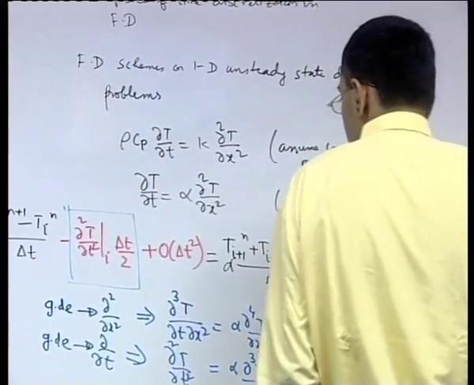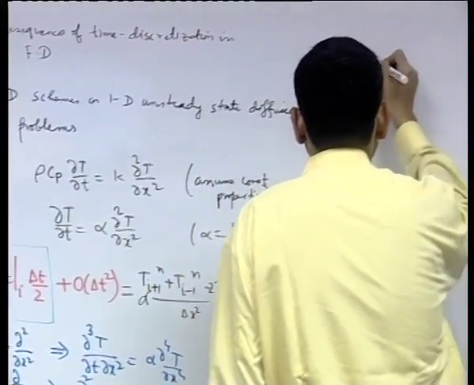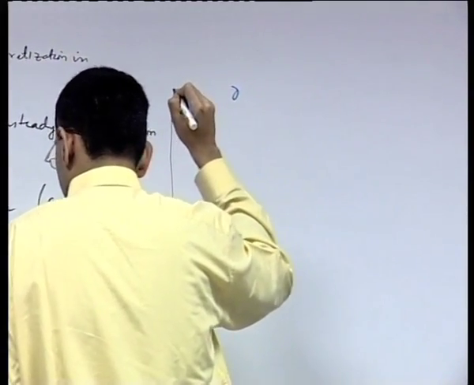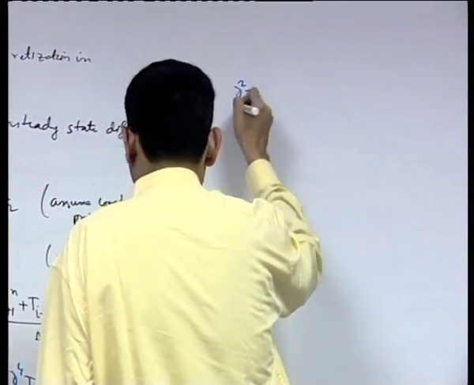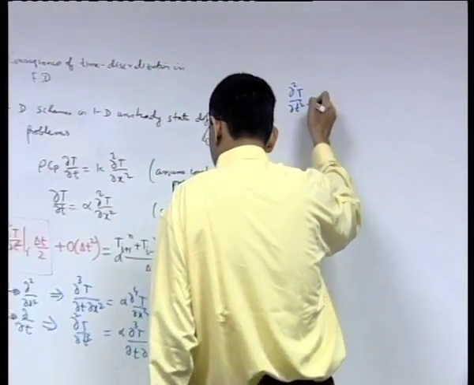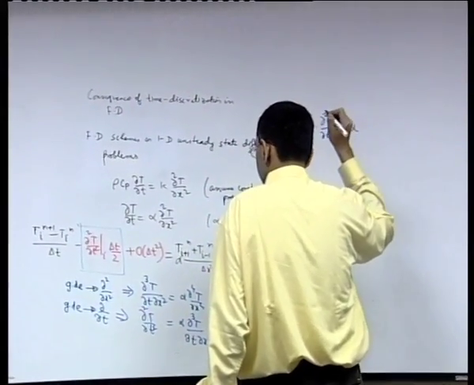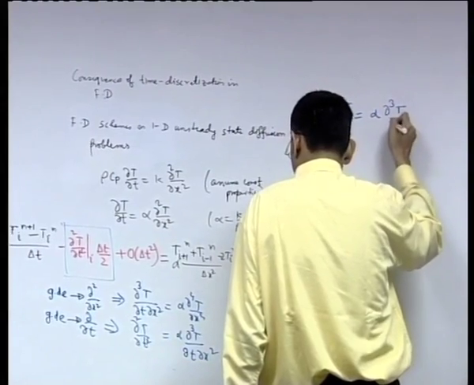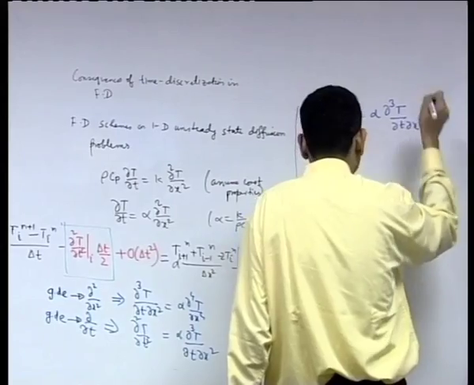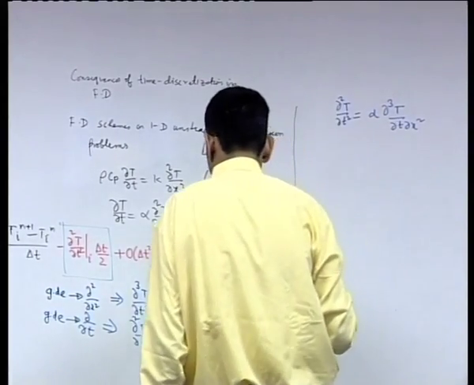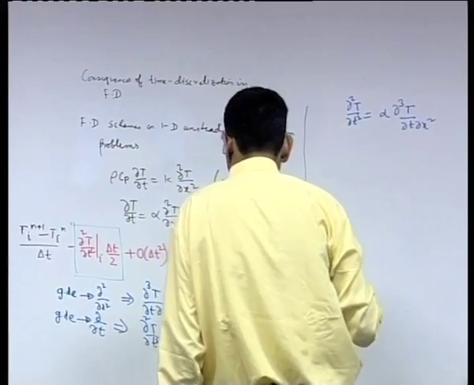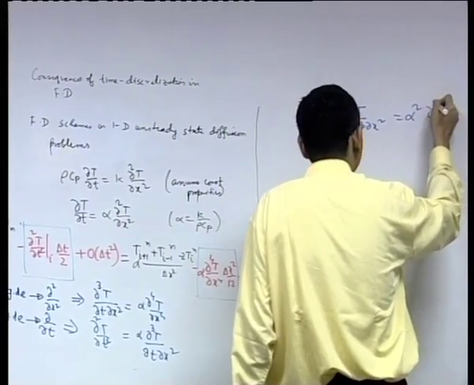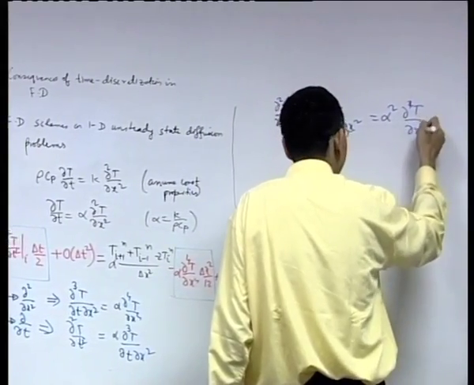So, we can write del square T del t square is equal to alpha del cube T del t del x square, that is equal to alpha square del 4 T del x 4.